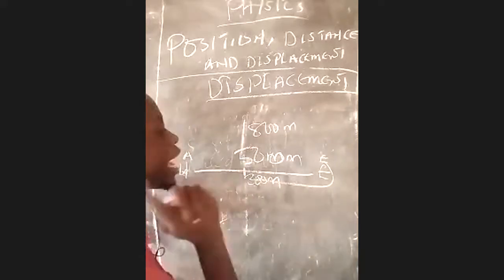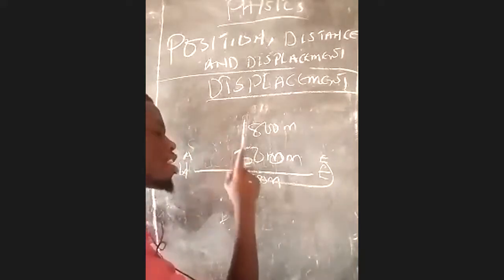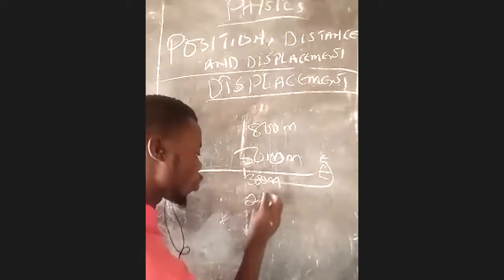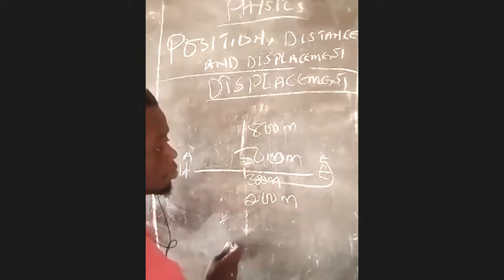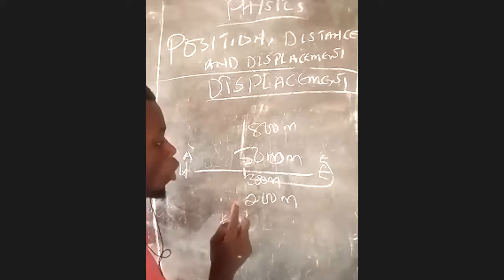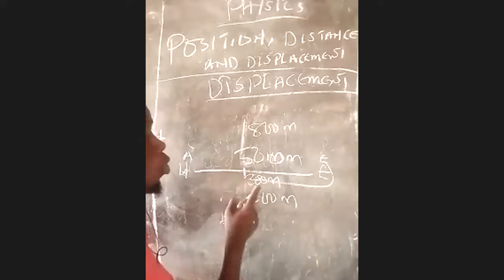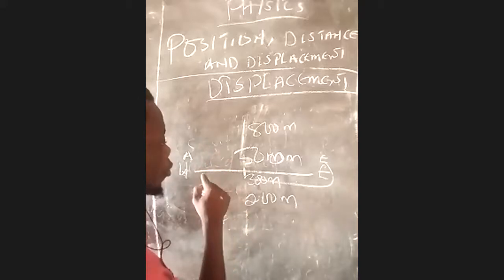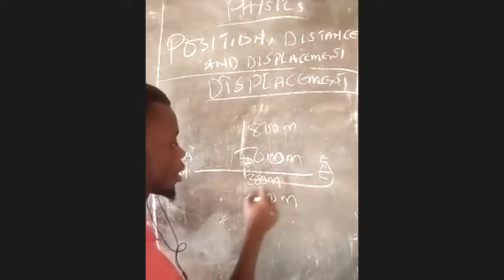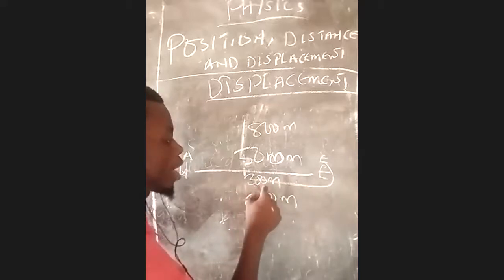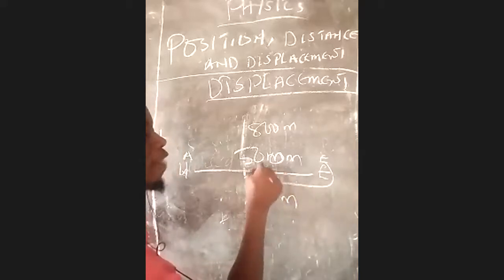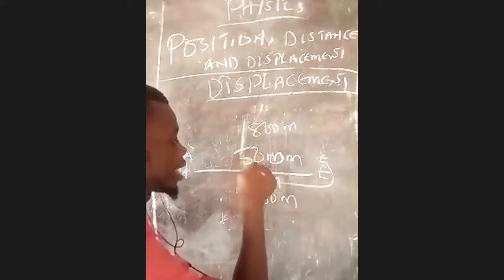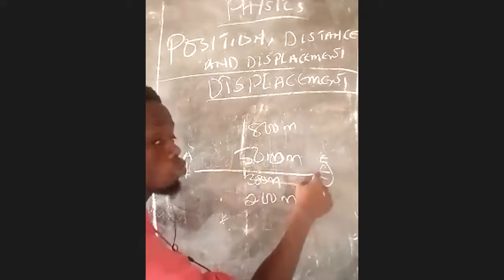But the displacement covered by this body is only 200 meters. The reason is because displacement deals with the movement of that body in a specified direction. Now, this body has moved 500 meters, then moved back 300 meters. So this 300 meters will be deducted from the 500 meters initial distance of the body from west to the east.